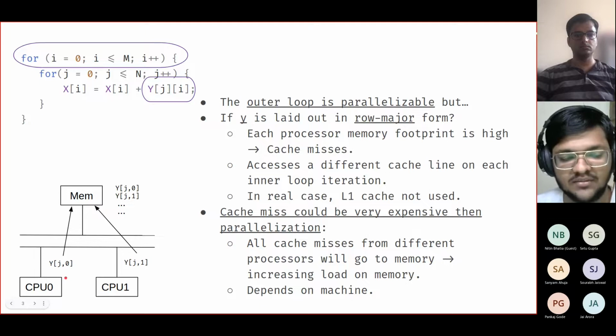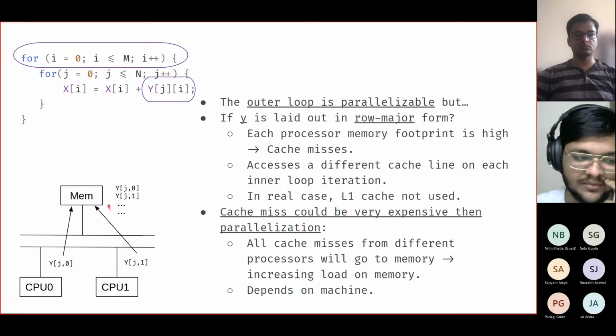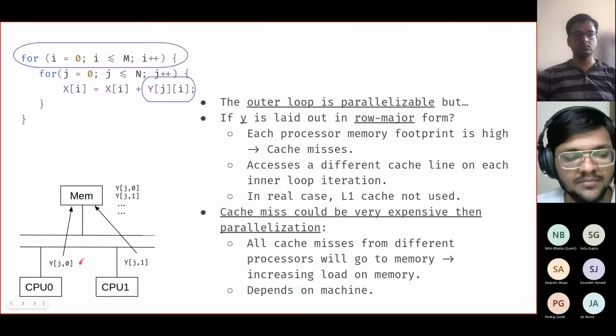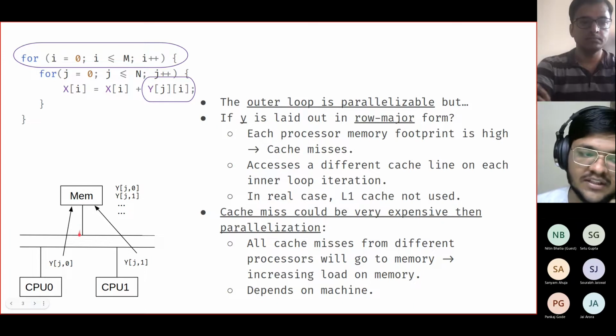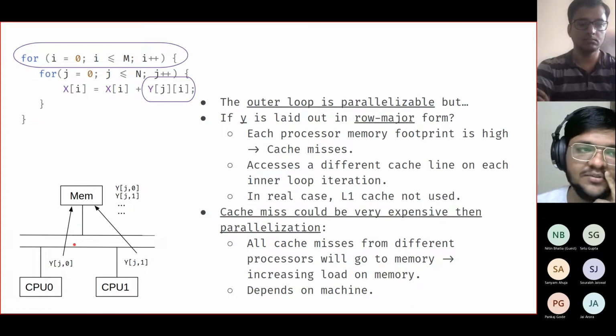So let's say we consider two CPUs and a memory layout. If CPU 0 tries to access y[j][0], we are just considering the simple parallelization where we have parallelized our outer loop, so each CPU is going to execute the ith iteration of this loop. Let's say CPU 0 accesses y[j][0] and CPU 1 accesses y[j][1].